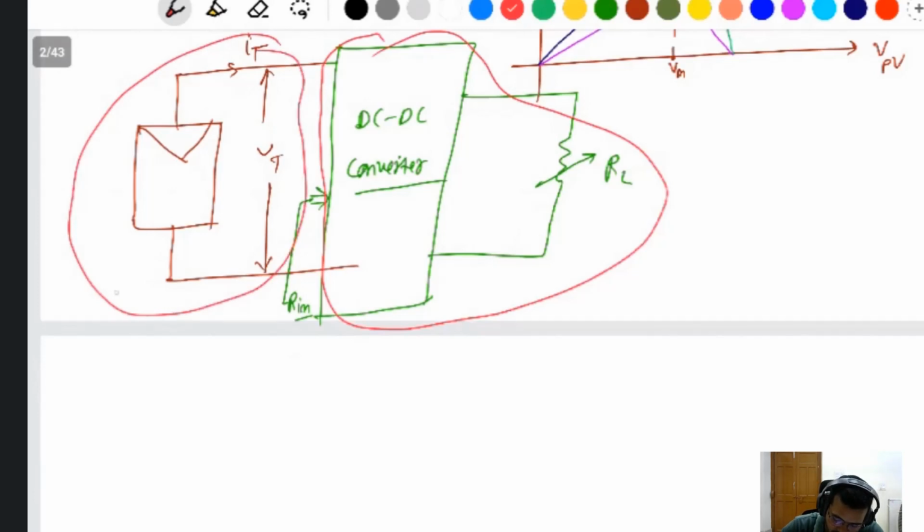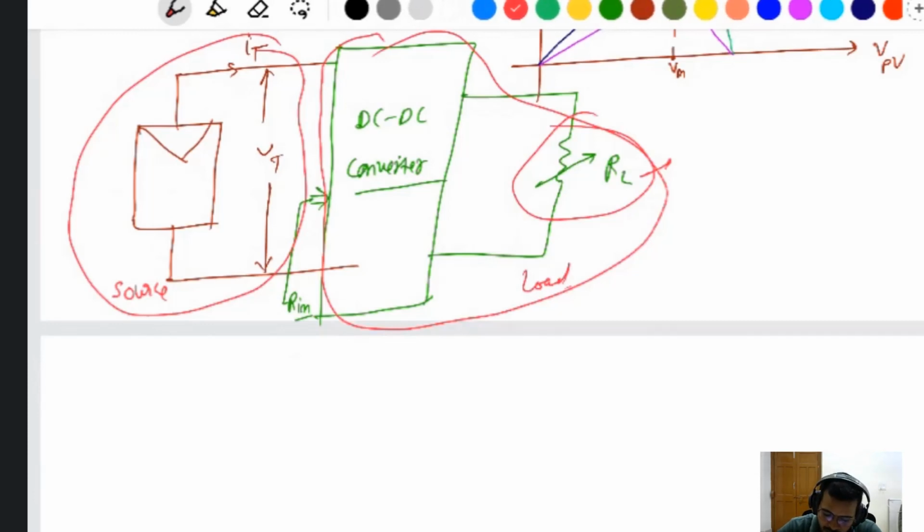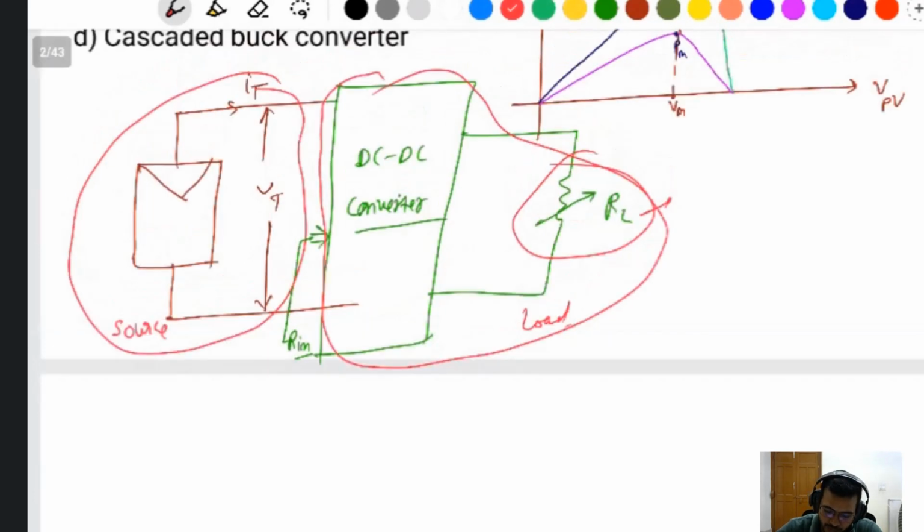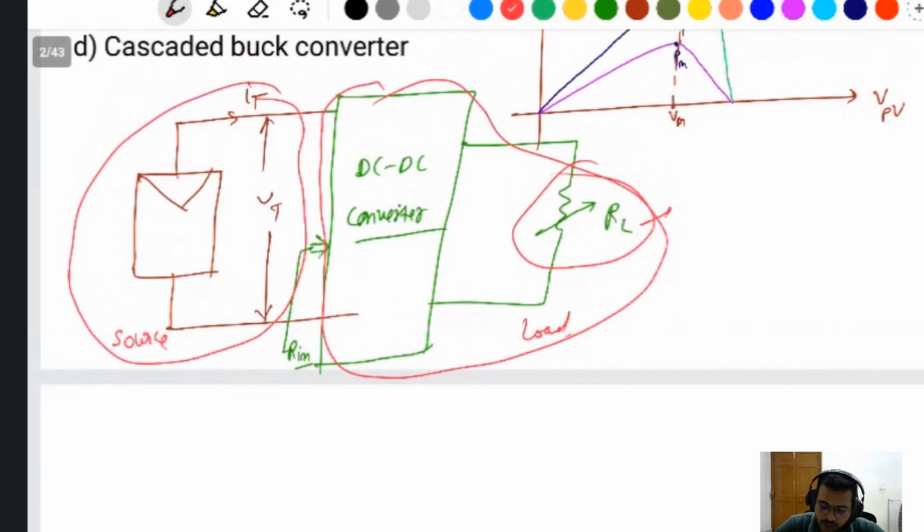This one is the source and this one is the load for the PV. The final load is RL on your side, but for the PV panel or PV source, the whole of the converter and your load acts like a load. That's why, for the maximum power point, you should match the input impedance to the load impedance.